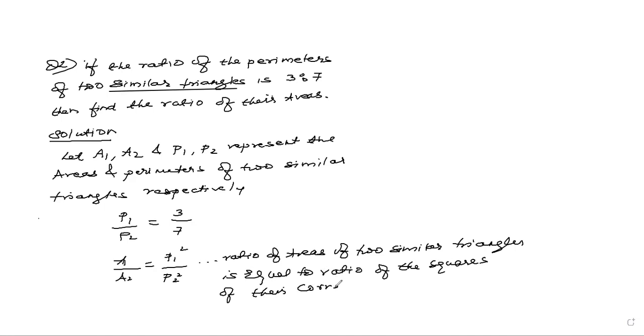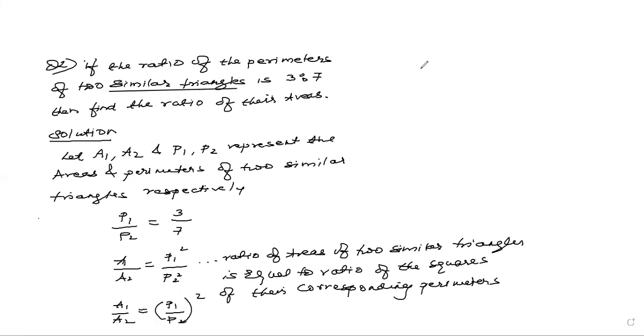But here, in place of sides, what will come? Perimeter, corresponding perimeters. So what will be the answer here? Therefore, A1 upon A2 equals, we don't know how much is P1, how much is P2, but we know P1 upon P2. So purposely, I'm going to write this extra step, P1 upon P2, the whole square.